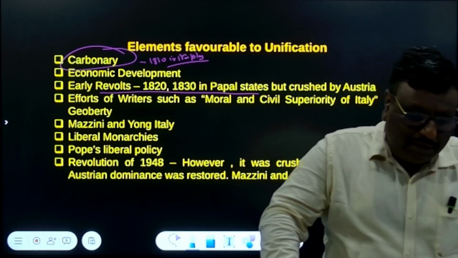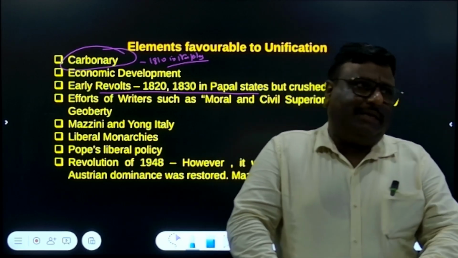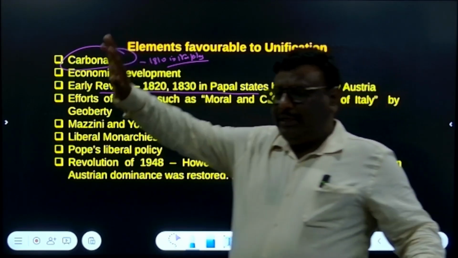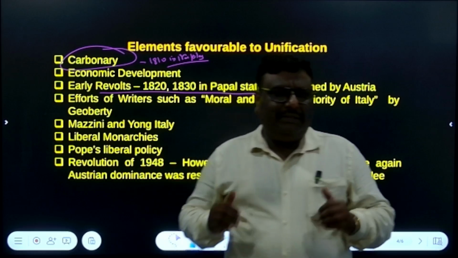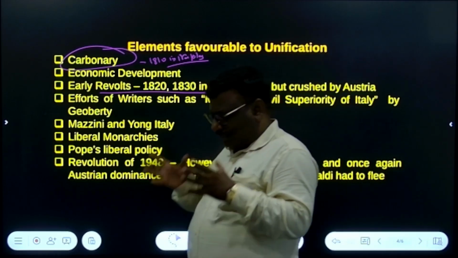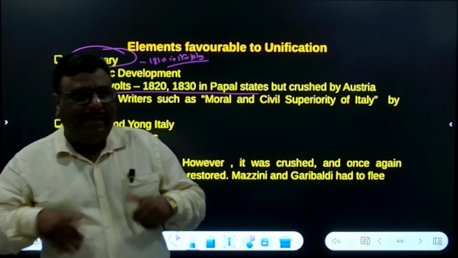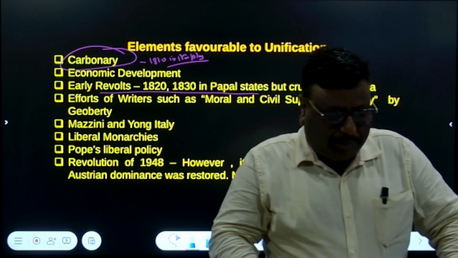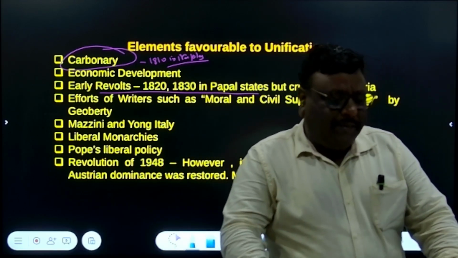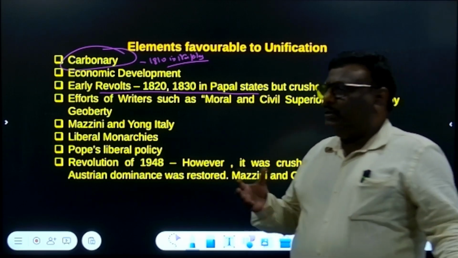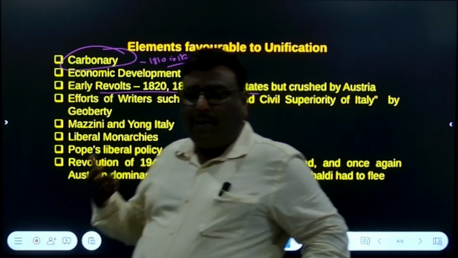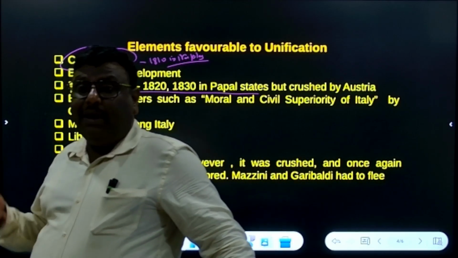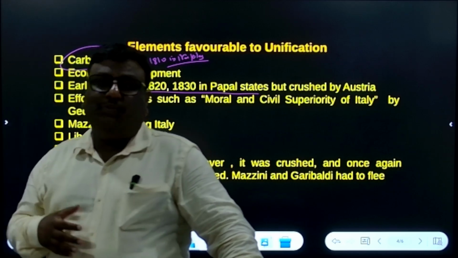Initially these revolts substituted their rulers and installed Italian people on the throne of the Papal state, but ultimately Austria, the most powerful country of the world, crushed this movement.